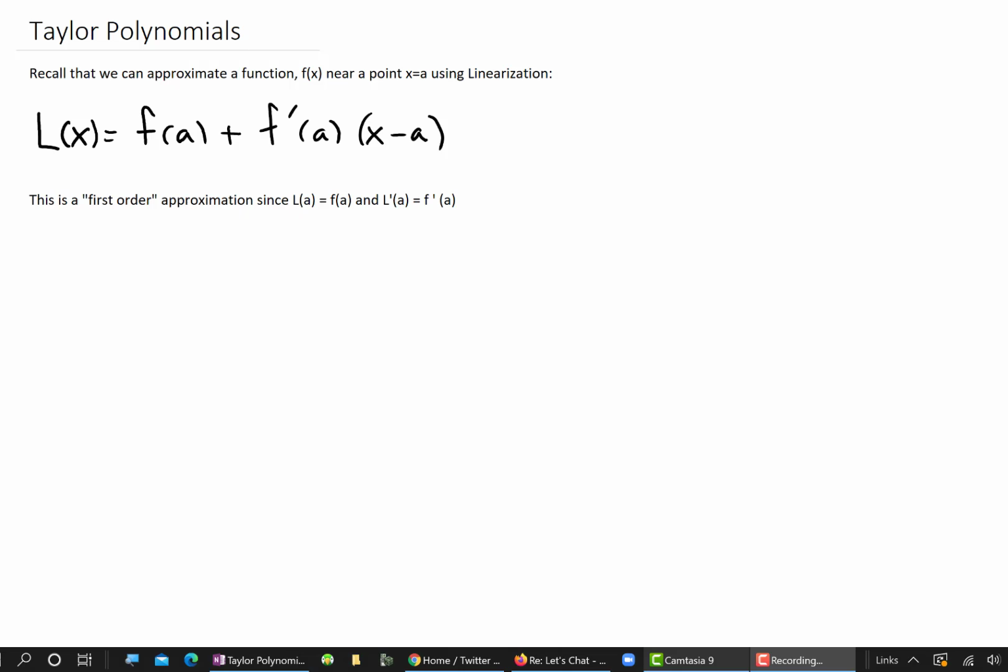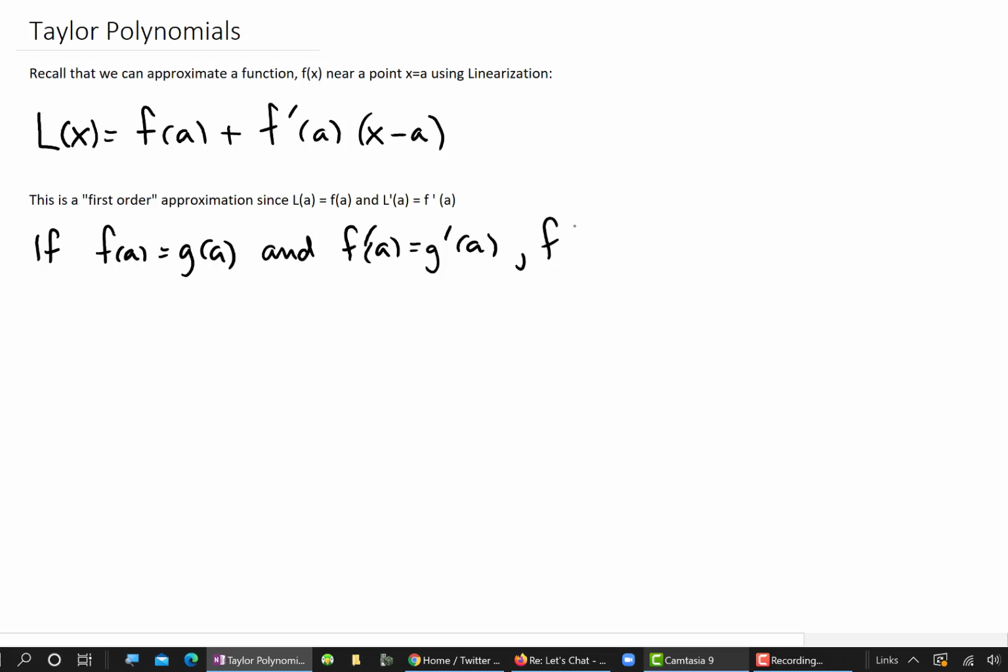Since the a value into L of x and the a value into f of a would be the same, and same with the derivative of those, they would have the same value. And this can continue. We continue this pattern past the first derivative, and we look at, well, does f double prime of a equal g double prime of a?